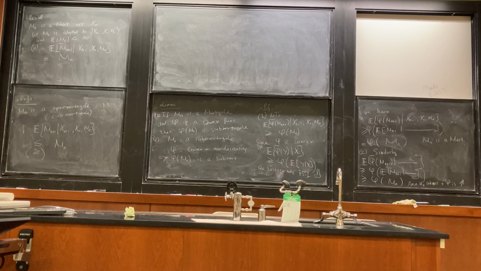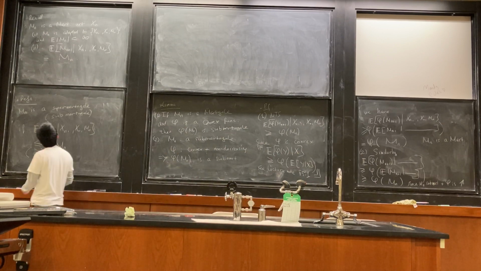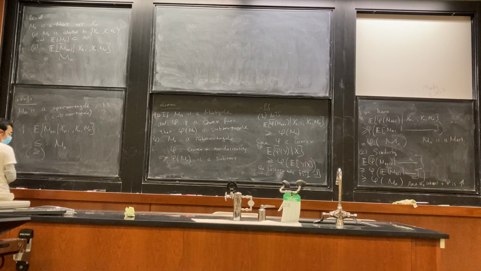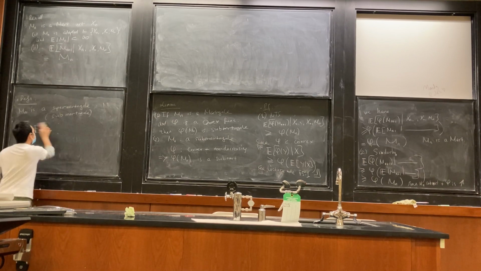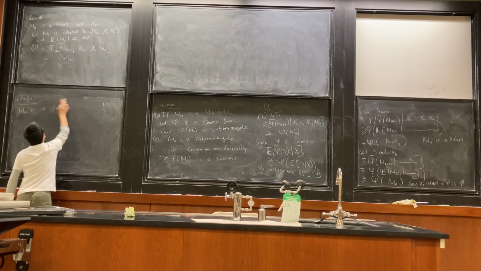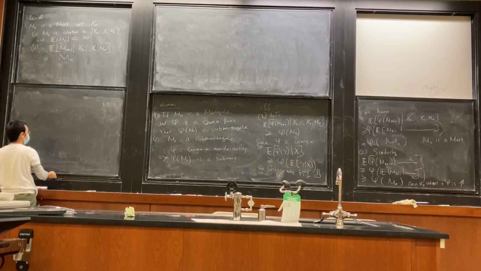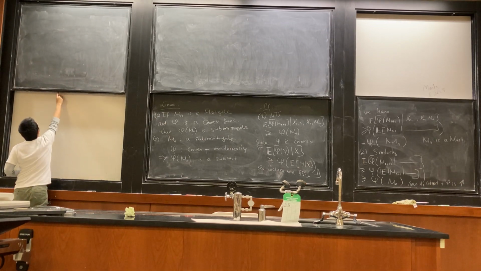This thing sometimes could be hard to memorize, the sub or the super. It's easy to confuse the two directions of the inequality. So let me erase this, and maybe that definition.